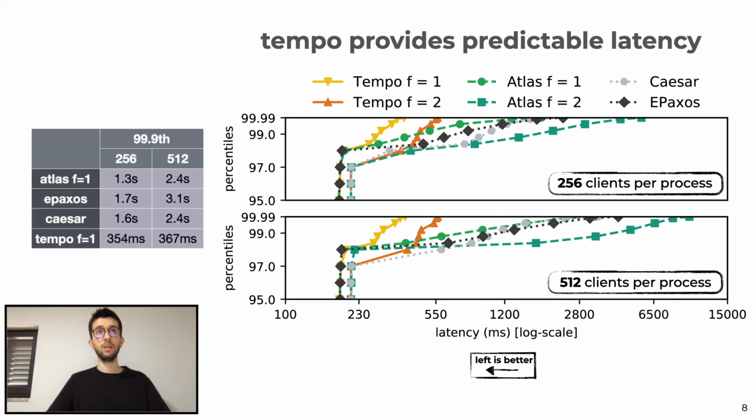We can see that these three leaderless protocols offer extremely high tail latencies that reach several seconds, making these protocols unusable. Moreover, doubling the number of clients almost doubles the 99.9 latency percentile. On the other hand, Tempo provides a 99.9 latency percentile of around 360 milliseconds, and this percentile is virtually not affected by the increased load.